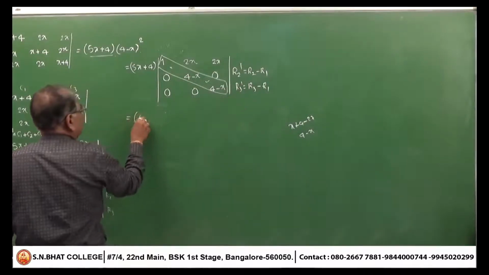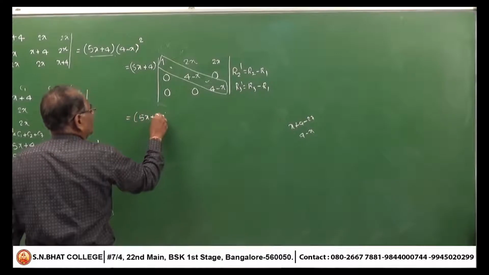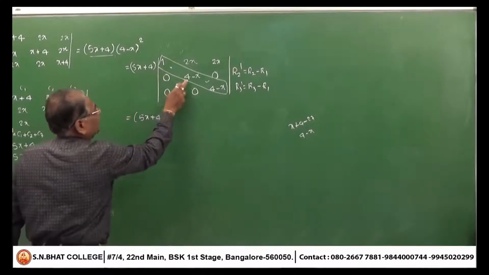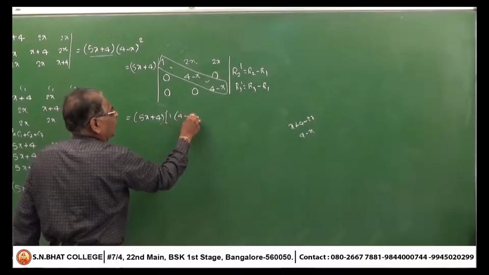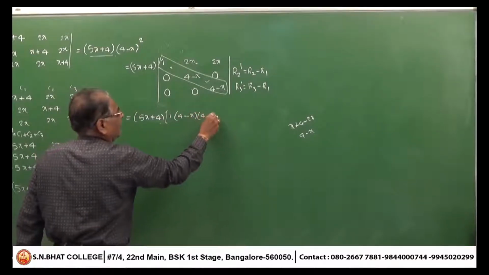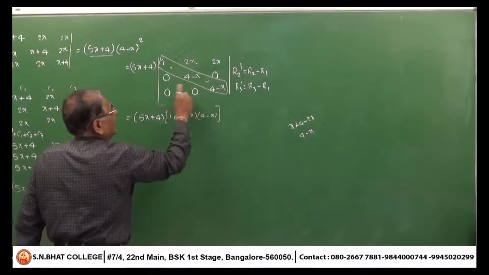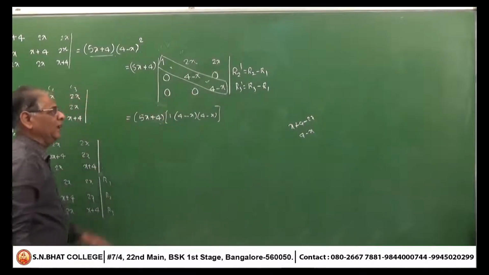This is 5x plus 4 into the product of the elements in the principal diagonal: 1 into 4 minus x into 4 minus x. This is the principal diagonal, this is the secondary diagonal.